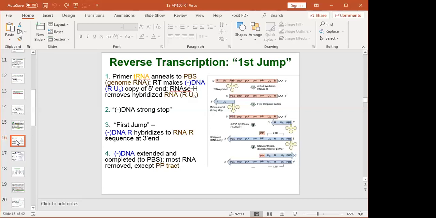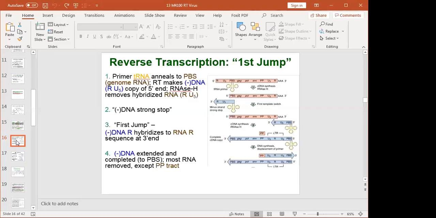So from the 5' end, everything is jumping to the 3' end of the viral genome. This is the fifth line on the diagram on the right. That small little piece of blue arrow is the 3' end of the proviral DNA.